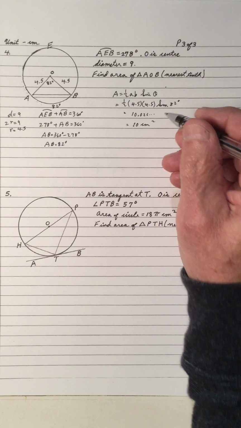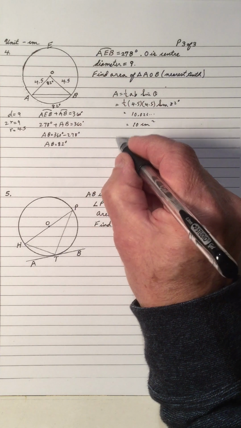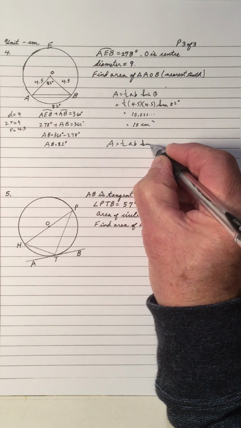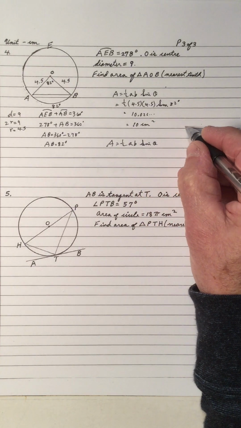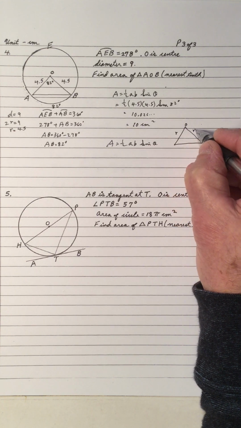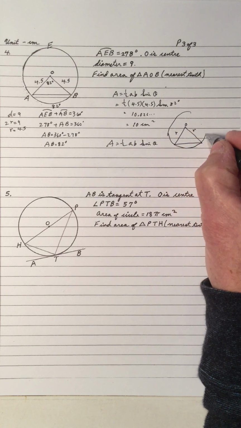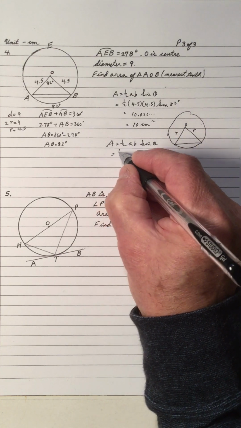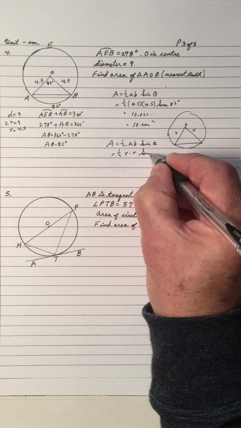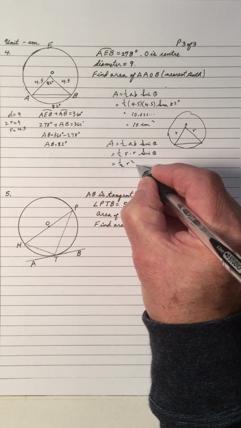And another way also, when you're dealing with a triangle, two sides and included angle, like this, but when you're dealing with a circle, a center O, that's a radius and a radius. So some books say you have an r times an r sine theta, so you have a half r squared sine theta.